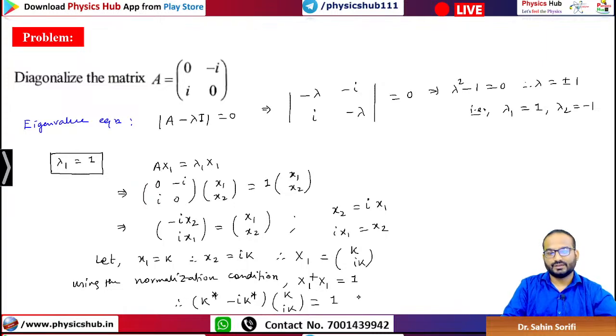From this you can see k star k, so mod k square plus again mod k square equals 1, and this gives you k equals 1 upon root 2.